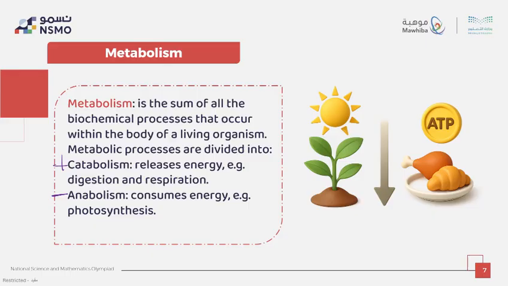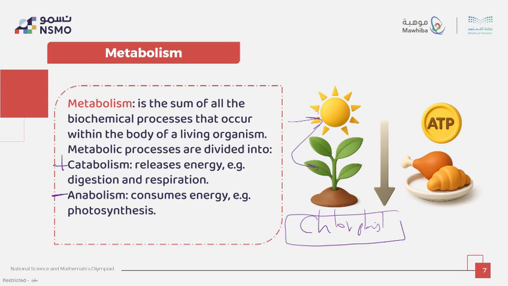Look to this picture, guys. Here is the source of energy entering the organisms, and the sun energy always enters if the organism has chloroplast. So any living organisms that have chloroplast will transform the solar energy to chemical energy.